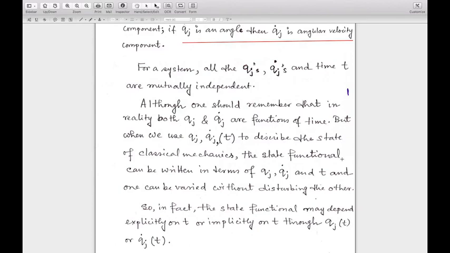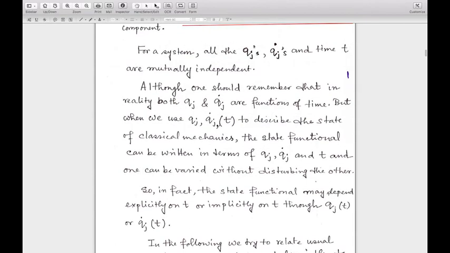The state functional can be written in terms of qj, qj dot and t, and any one of them can always be varied without disturbing the other. That is important, and that's why when we talk about that functional, or the description of a classical mechanical state, we talk about the mutual independence of qj, qj dot and t.